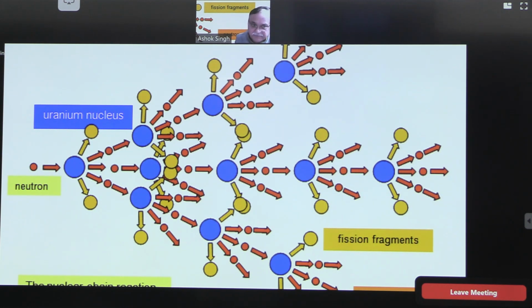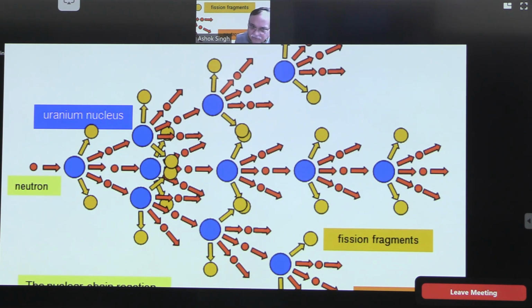What's a nuclear chain reaction? One uranium nucleus has been split. Those yellow pictures indicate smaller nuclei that have been produced by splitting the uranium nucleus. Then also note that these orange images, these are the neutrons that are released by the splitting of the original nucleus. These neutrons go and bombard more uranium nuclei and split them.